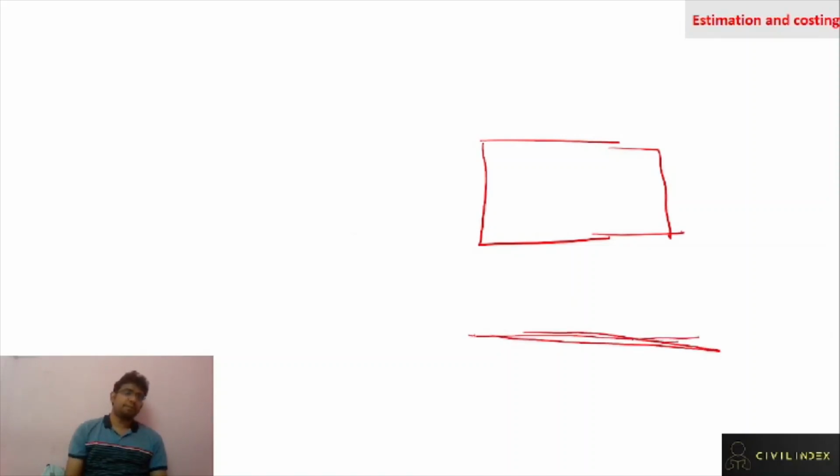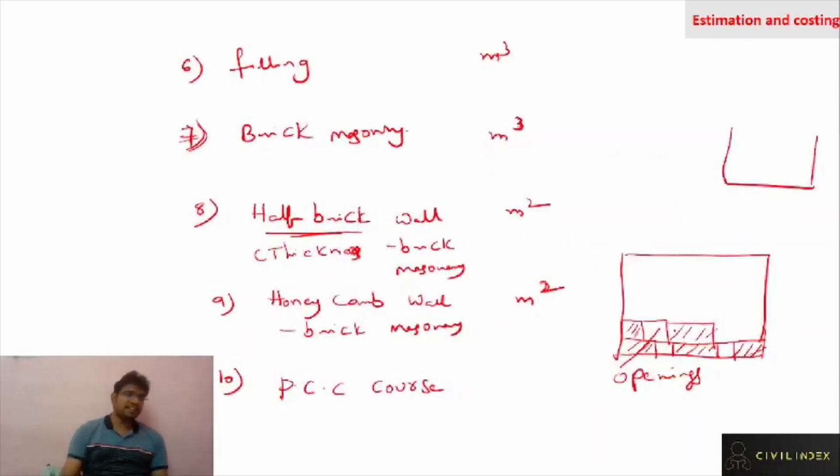And for the PCC bed, the thickness generally varies depending on the soil conditions, so thickness is not specified there. Can you say what is the unit of measurement for the PCC course? Meter cube. Very good. For the PCC course we use concrete, so the unit of measurement is meter cube, because thickness is not mentioned there.